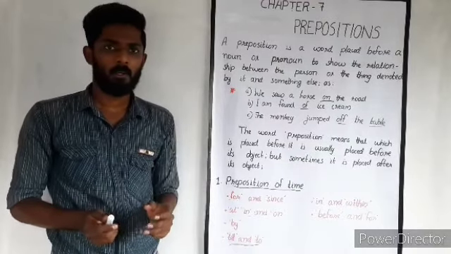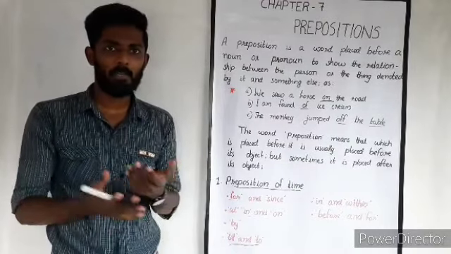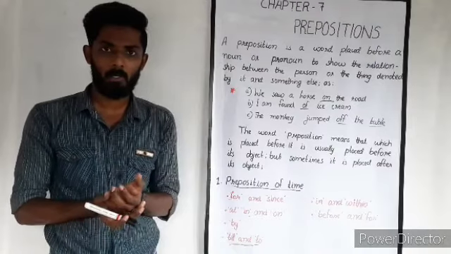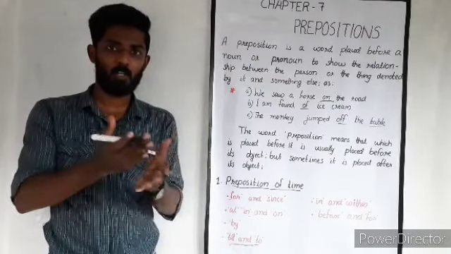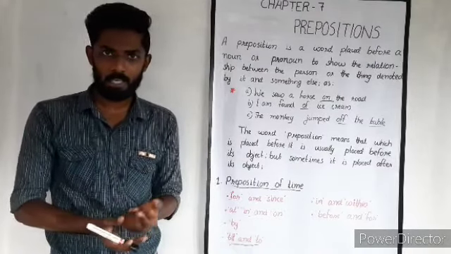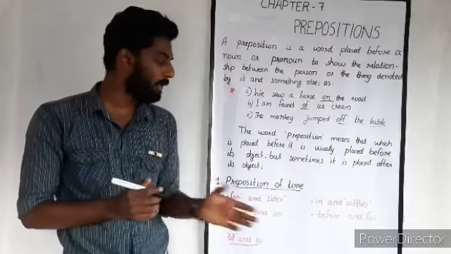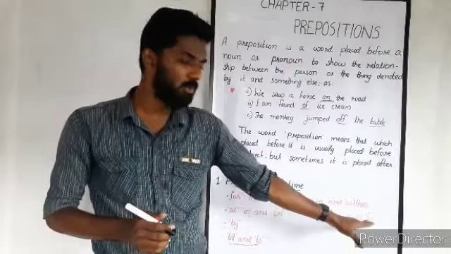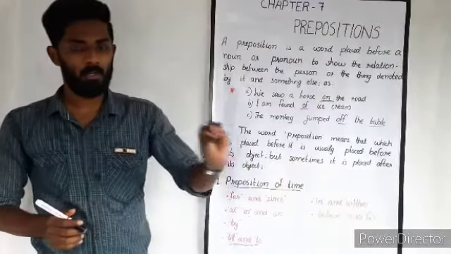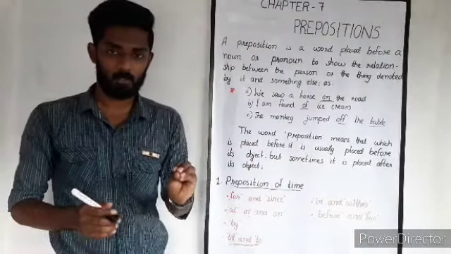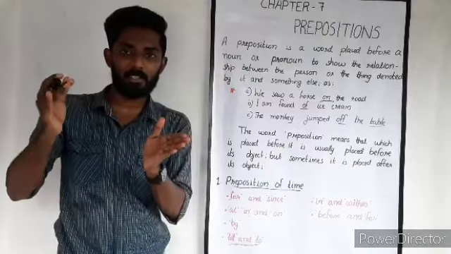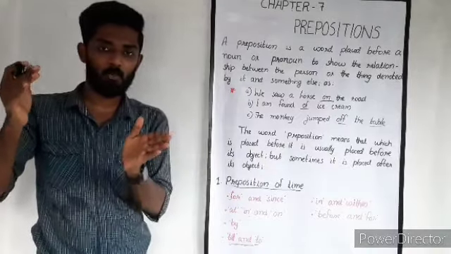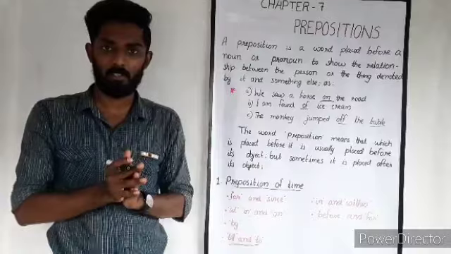For example, Tapas will be there for an hour, or else Himanshu will be there for an hour. In the sense, it shows a period of time. So here, for is used in order to show a period of time. So for an hour, in the sense, that person will be there for that entire hour.